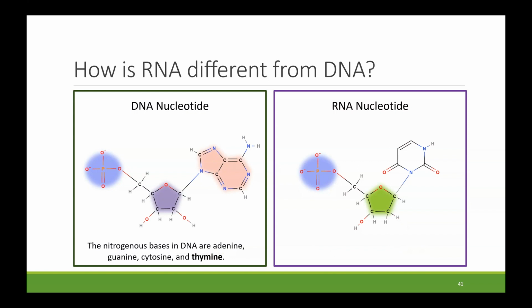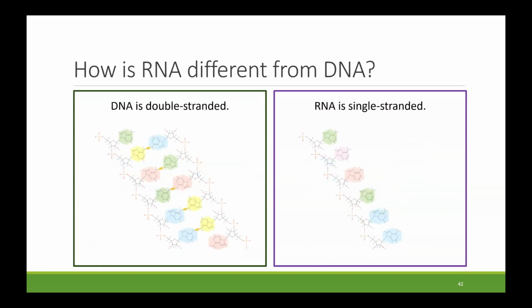So as you know, DNA nucleotides contain nitrogenous bases adenine, guanine, cytosine, and thymine. But in RNA, the possible nitrogenous bases are adenine, guanine, cytosine, and uracil. So instead of thymine being an option in RNA, there's uracil instead. And then the last difference is that, again, as you know, DNA molecules pair up with each other and they're double-stranded, but RNA molecules tend to be single-stranded. They stay solo.